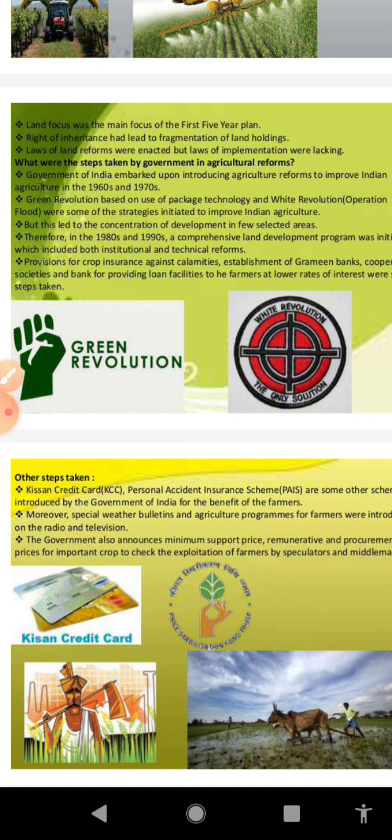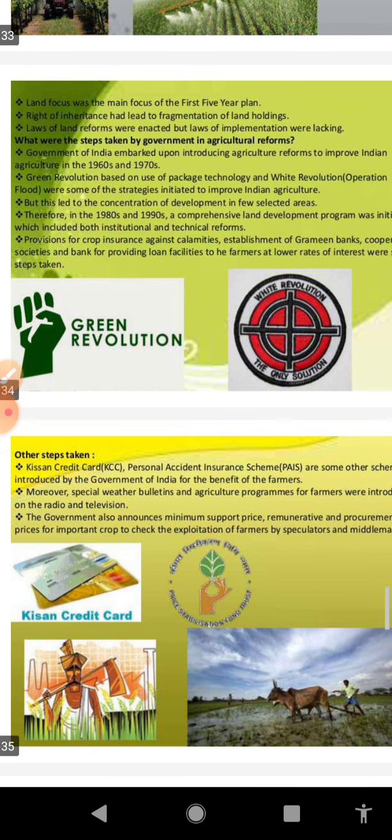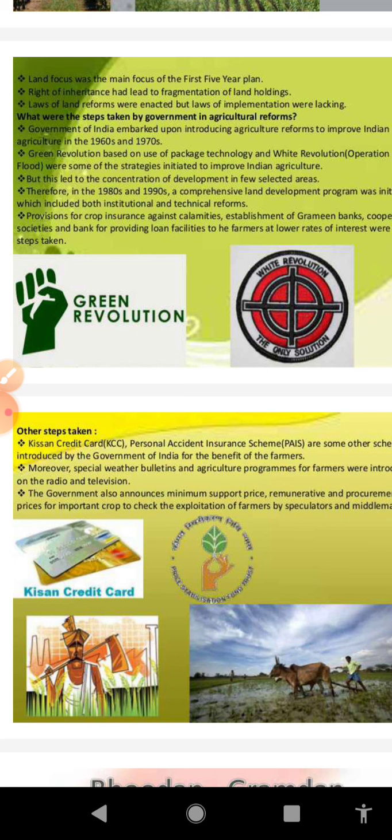The next step is certified and quality seeds distribution. Seed is a critical and basic input for attaining agricultural production and productivity. So the government of India has taken several steps for the distribution of quality and certified seeds to farmers.